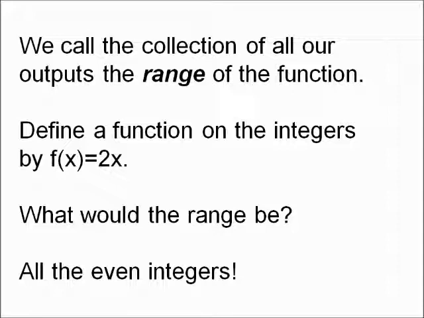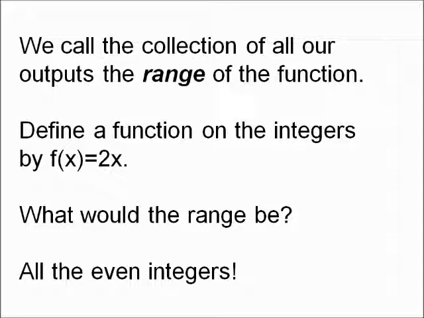So this is a function from the integers to the integers. Why is it a function from the integers? Because you can plug any integer into this function. Why is it a function into the integers? Because every single number that this function spits out is going to be an integer. However, the range is just going to be all even integers.